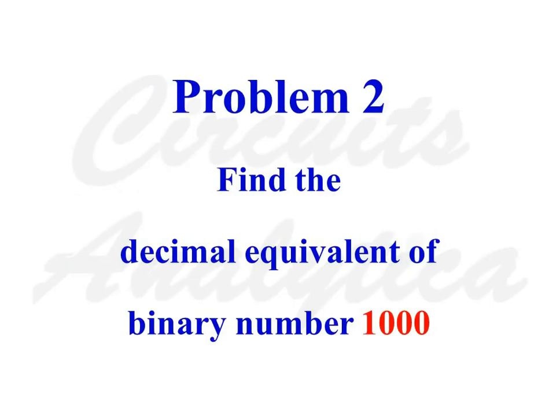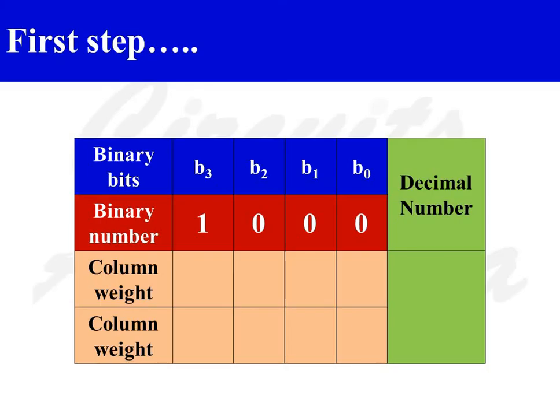Second problem. Find the decimal equivalent of binary number 1000. So as the first step, the second row is filled. The binary number 1000 is filled in the B3, B2, B1 and B0 cells of the second row.